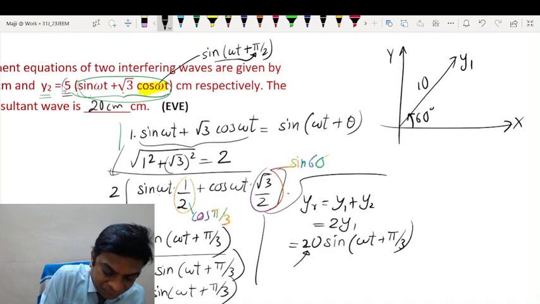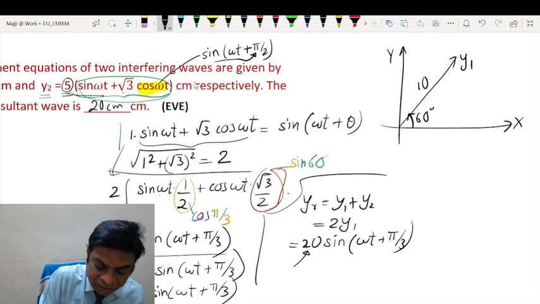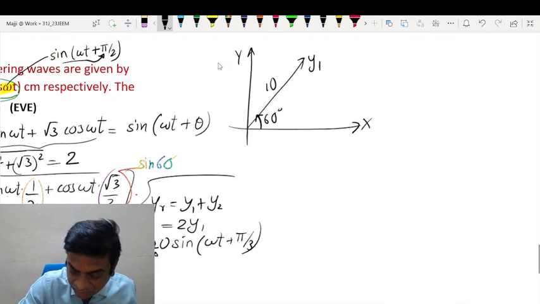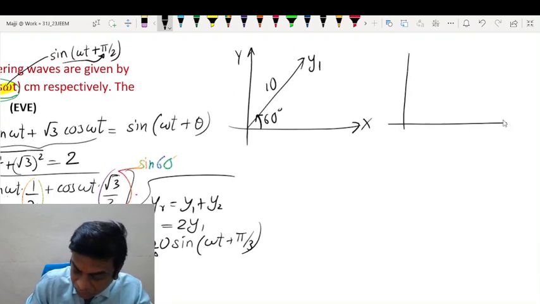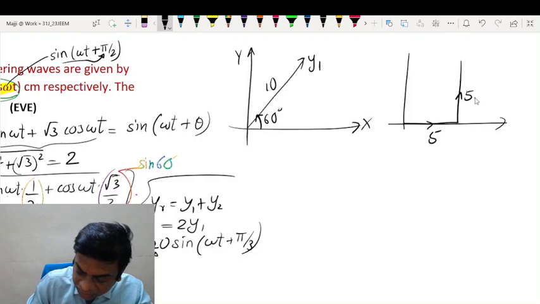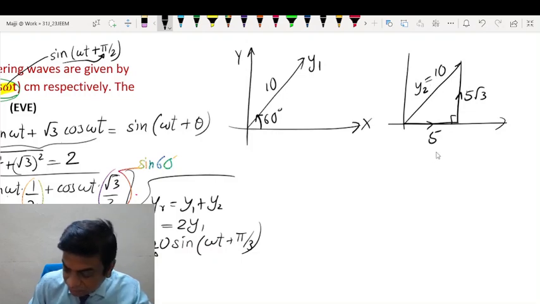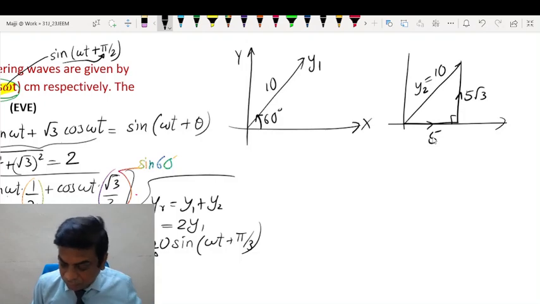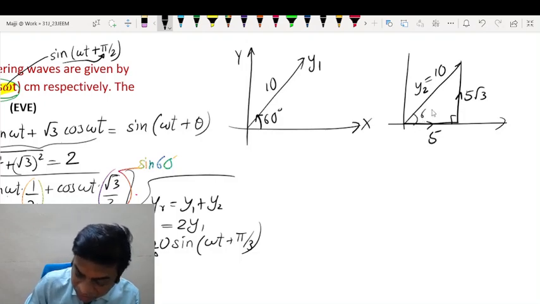So we have 5 times the vector along x-axis and 5 root 3 times the vector along y-axis. So this is y2. If you apply Pythagoras theorem, you will get 10 here. And this angle will be 60 degree. So basically both are one and same.